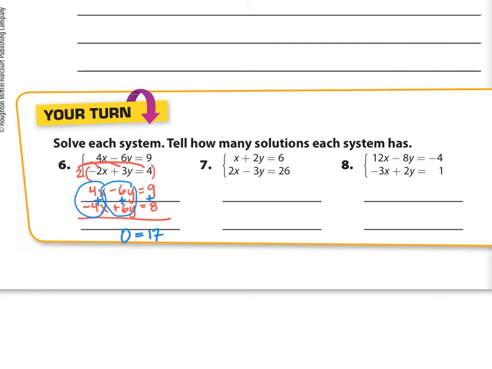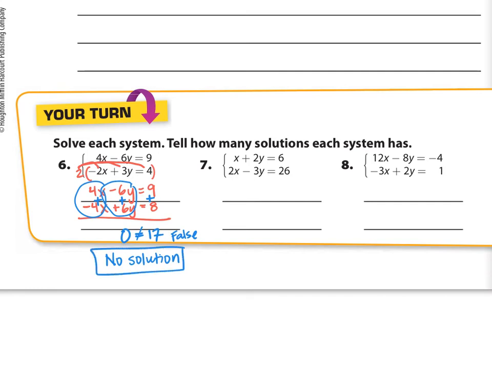And I get 0 equals 17. Now, if you remember the last lesson of Module 7, when we get a false statement like this, 0 does not equal 17, this means there is no solution. There is no point where these two lines are going to intersect if I graph it.